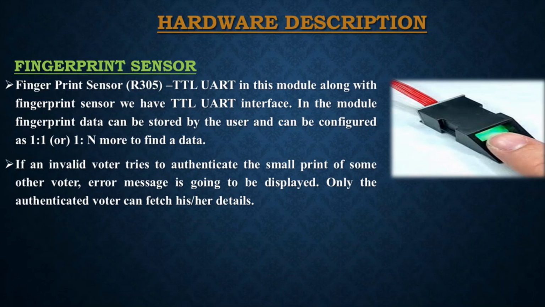In the module, fingerprint data can be stored by the user and can be configured as 1:1 or 1:N to find data. Also, if an invalid voter tries to authenticate the fingerprint of some other voter, it displays an error message, by which only the authenticated voter can fetch his or her details.